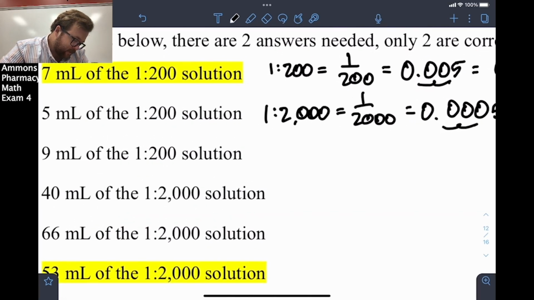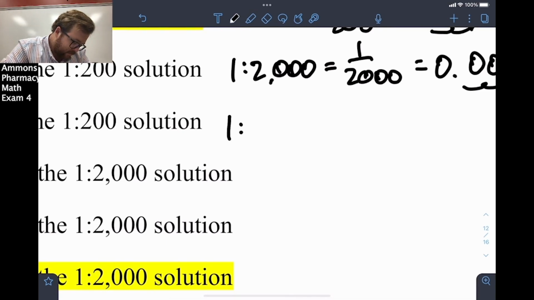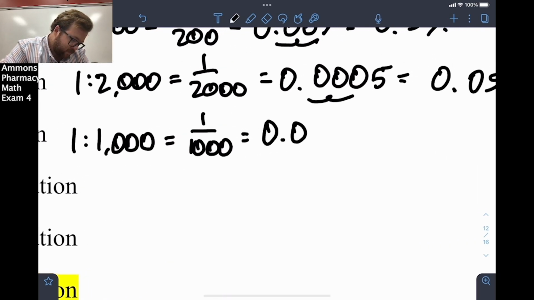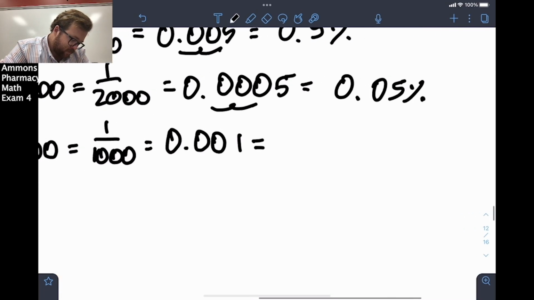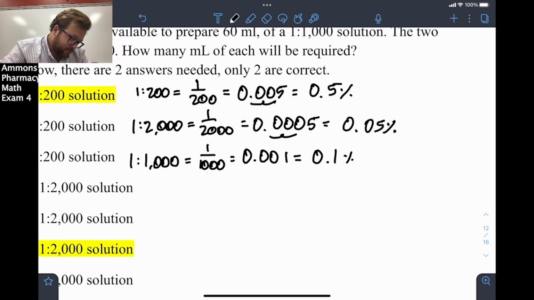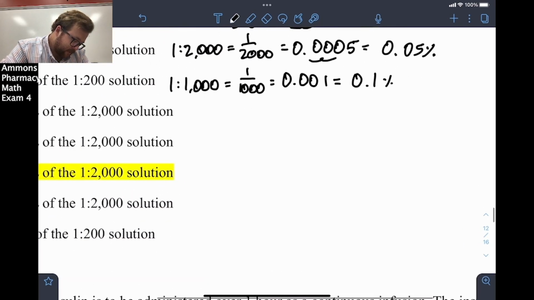So we need a 1 to 1,000. Okay, that's our desired. So let's set up our table.